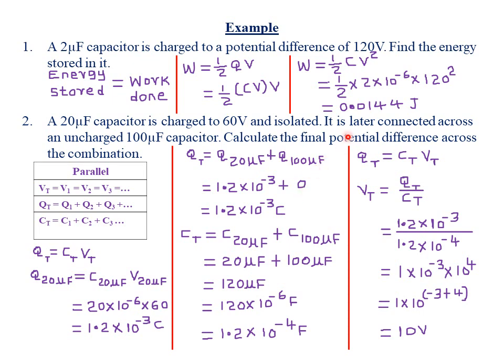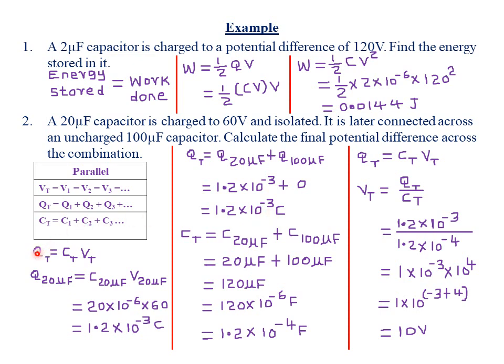Then the charge through the 100 microfarad capacitor is 0, because we are told in the question that it is later connected across an uncharged 100 microfarad capacitor. Because it is uncharged, it does not contain any charge. Then 1.2 times 10 power negative 3 coulombs plus 0 coulombs, you will simply get 1.2 times 10 power negative 3 coulombs.